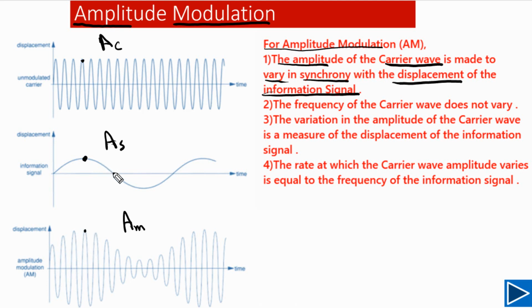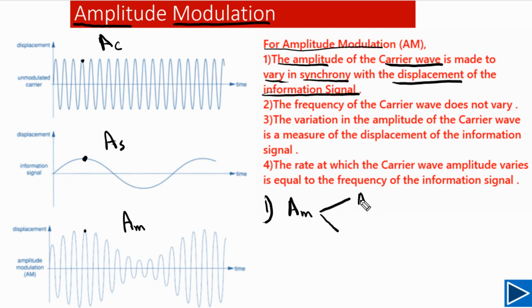And when the amplitude of the signal is negative, the amplitude of the carrier wave will decrease and the amplitude of the modulated wave also decreases. Let me write this down in a simple way so you can understand better. Here we have the amplitude of the modulated wave.